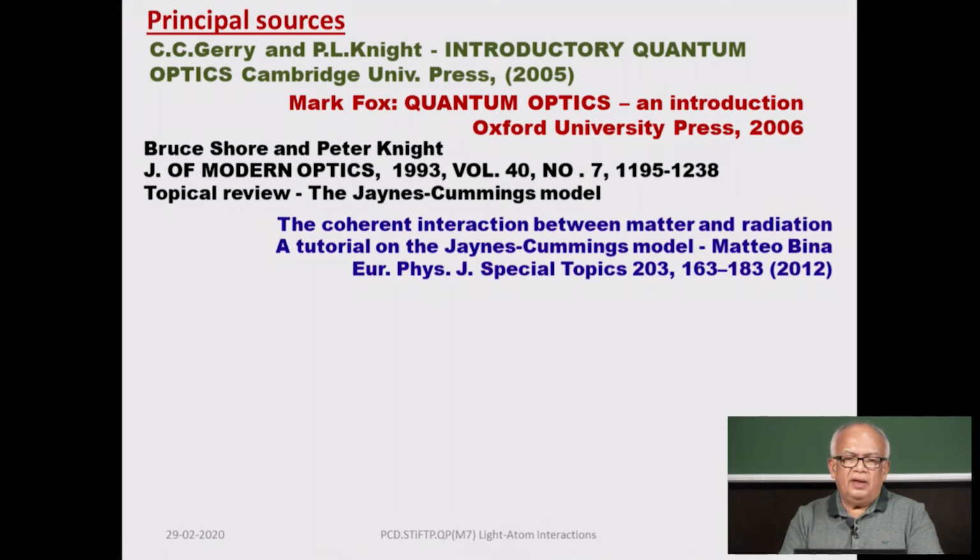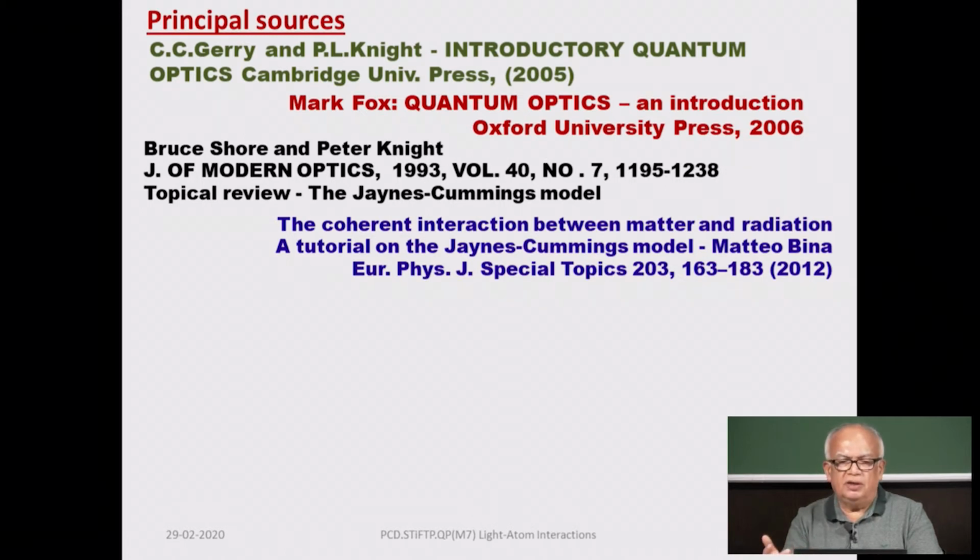And then there are very nice articles which are available. Again, an article to which Peter Knight has contributed, an article by Shore and Knight in 1993, a slightly older article. But then there is a more recent article which I have used rather extensively, an article by Matteo Bina, in the European Physical Journal, in the special topic series.